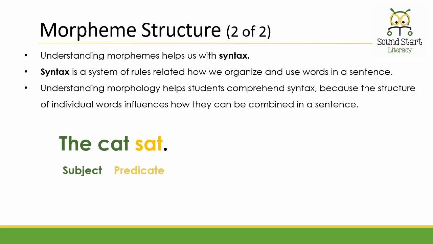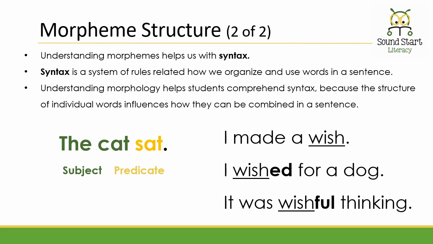Now, one challenge in English is that many words can be different parts of speech. So adding and deleting morphemes can change the way a word is used in a sentence. Now let's take a look at the word wish. In the first sentence, I made a wish. Wish is being used as a noun, and a noun is a person, place, thing, or idea. In the second sentence, I wished for a dog.